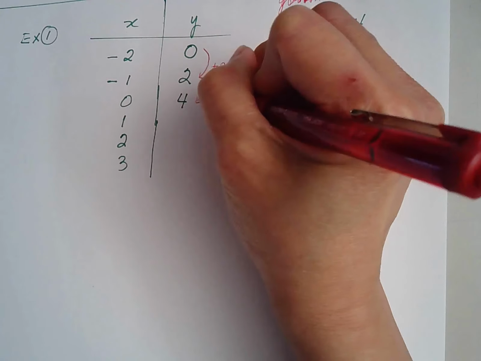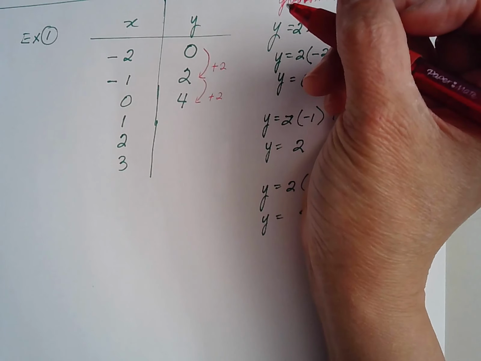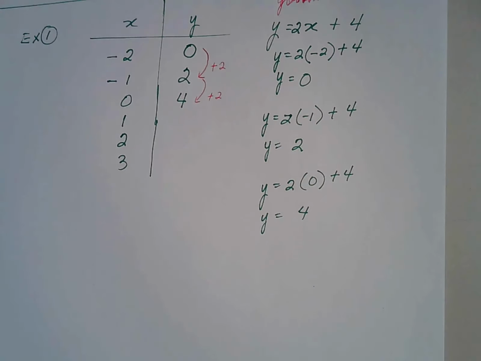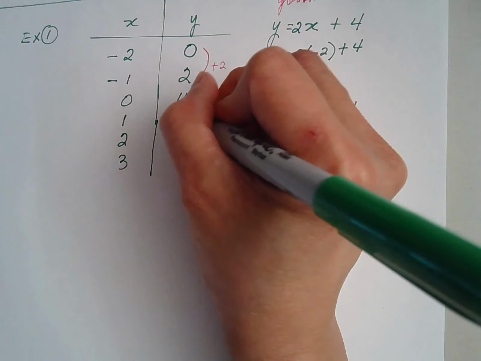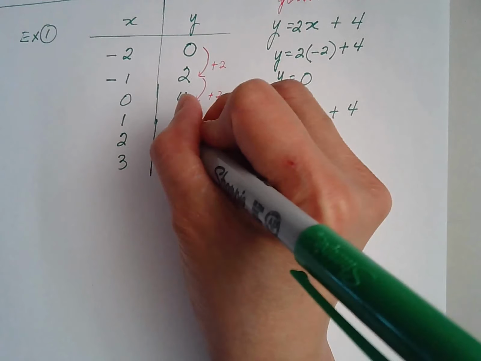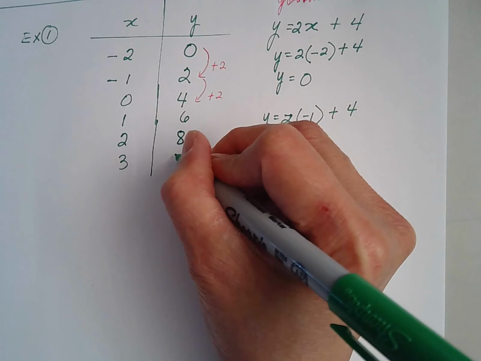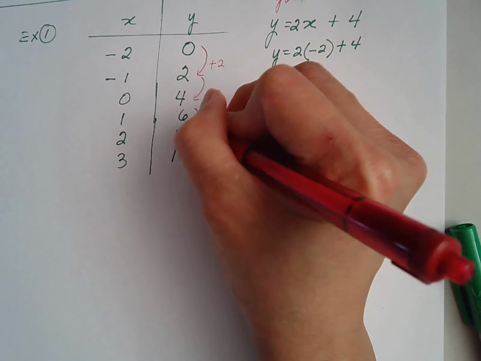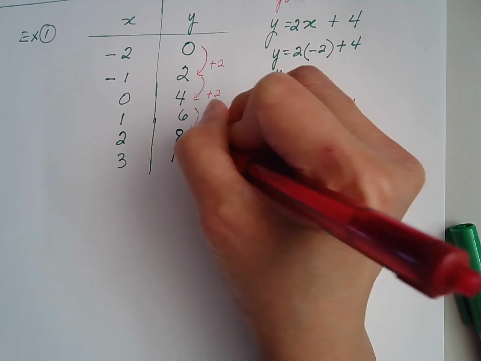Constantly changing by 2. So what do you expect this to be? 6. That's a good prediction. What's the next one? 8. Then 10. Very good. So this is constantly increasing by 2.